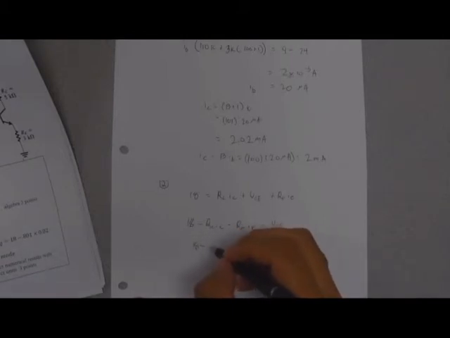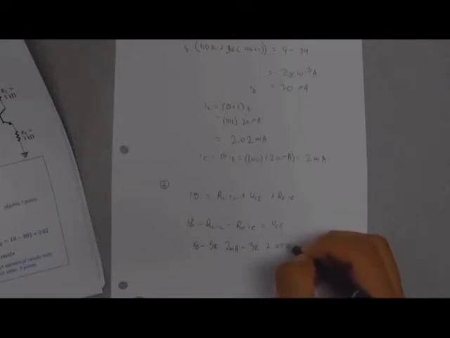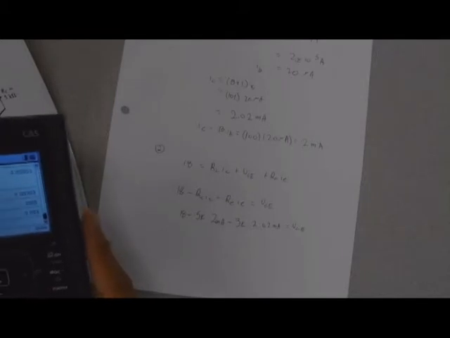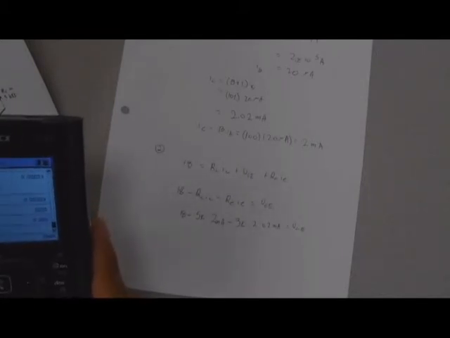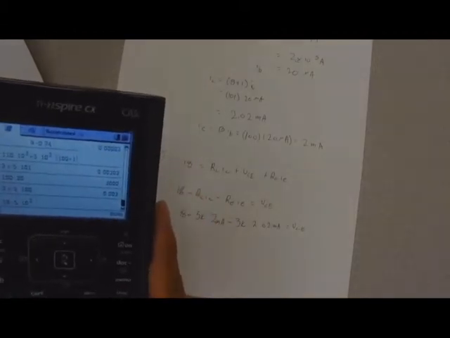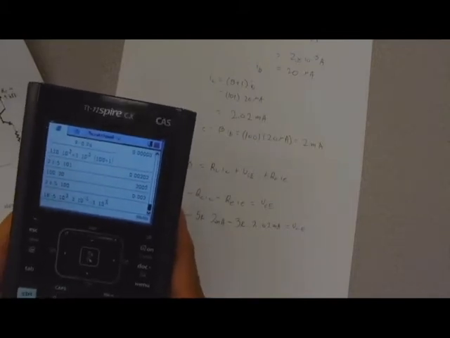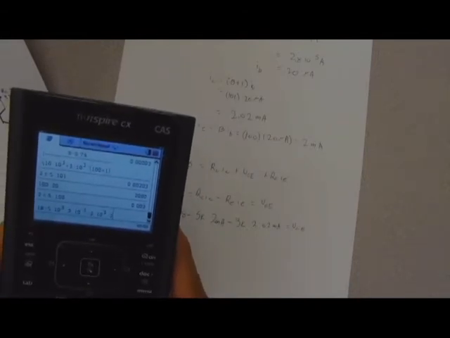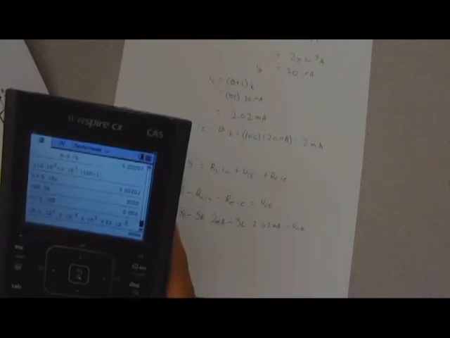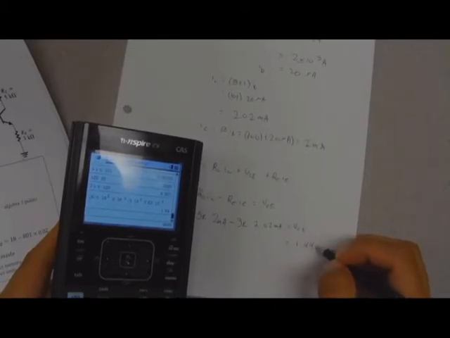So 18 minus RC being 5K times IC, which was 2 milliamps, minus RE, which is 3K, times 2.02 milliamps is equal to VCE. (18 minus 5 times 10 to the third times 2 times 10 to the negative third minus 3 times 10 to the 3 times 2.02 times 10 to the negative third. So that's going to equal 1.94 volts.